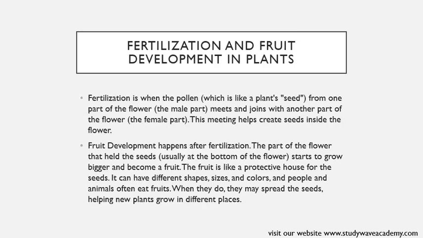Then we looked at fertilization and fruit development in plants. We said fertilization is when pollen joins the female parts, leading to creation of seeds. And fruit development is when the flower ovary grows into a fruit to protect the seeds.